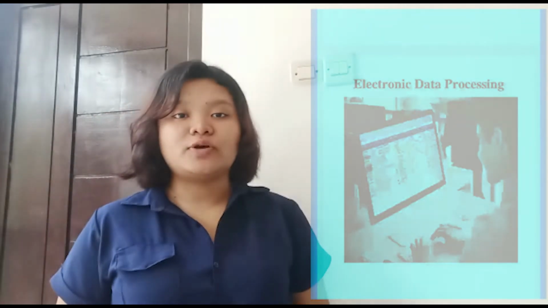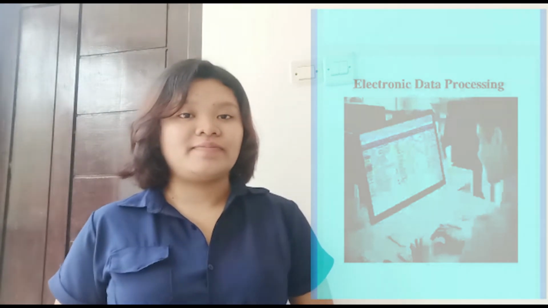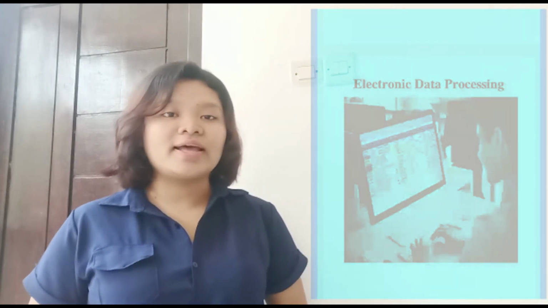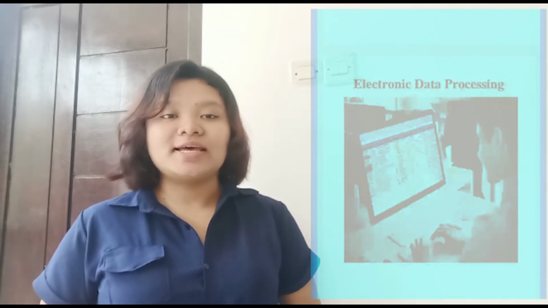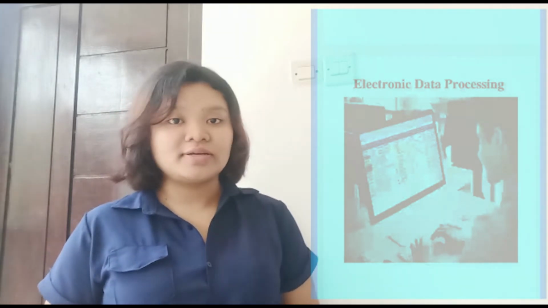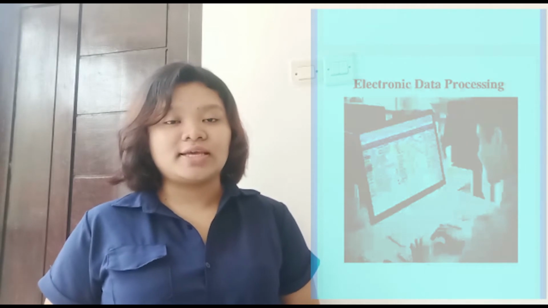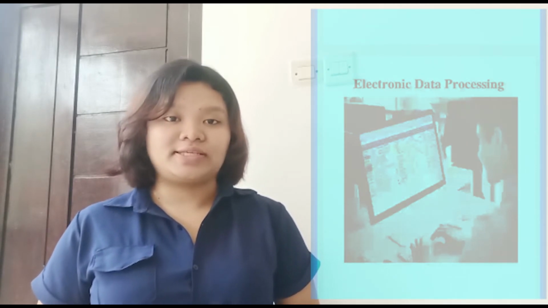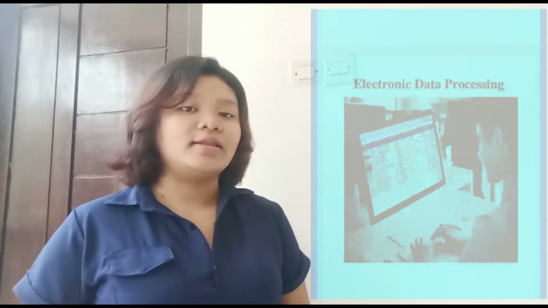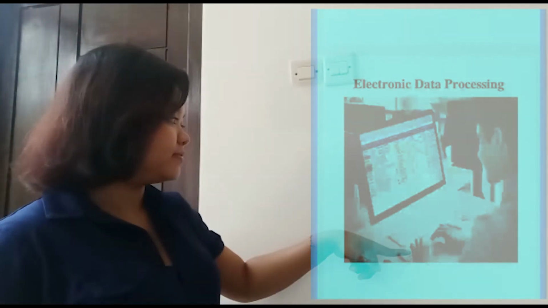Of the three types of data processing that have been described, next I will explain the four data processing cycles, which refer to the type of electronic data processing because it uses a computer in processing. Okay, now we can see the pictures.